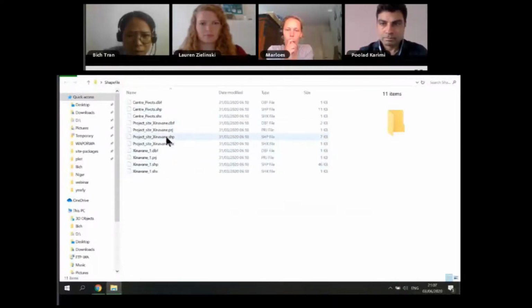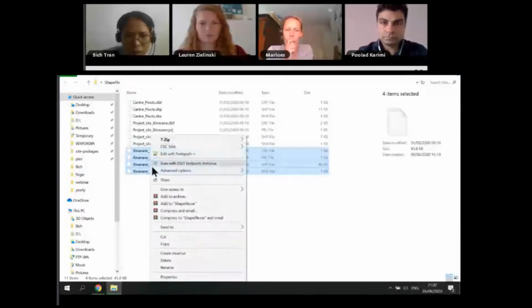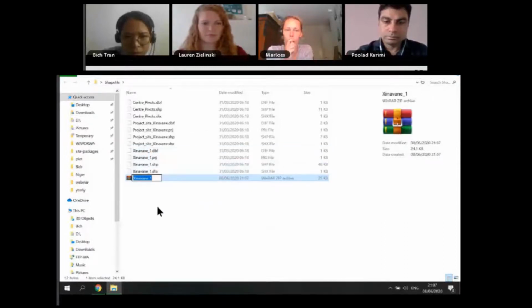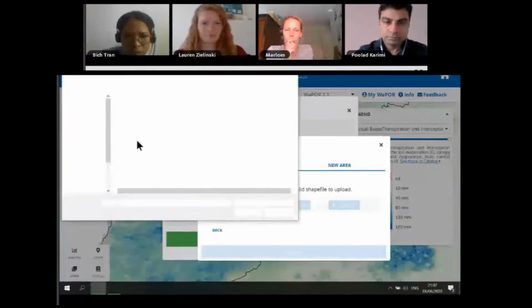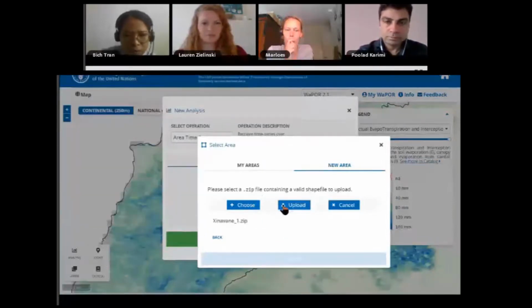For example, I have these shapefiles with the mandatory extension files. I will select all of them and send to a zip file. After that, back to the portal, I can click Choose and select the zip file and upload it to the WaPOR portal.